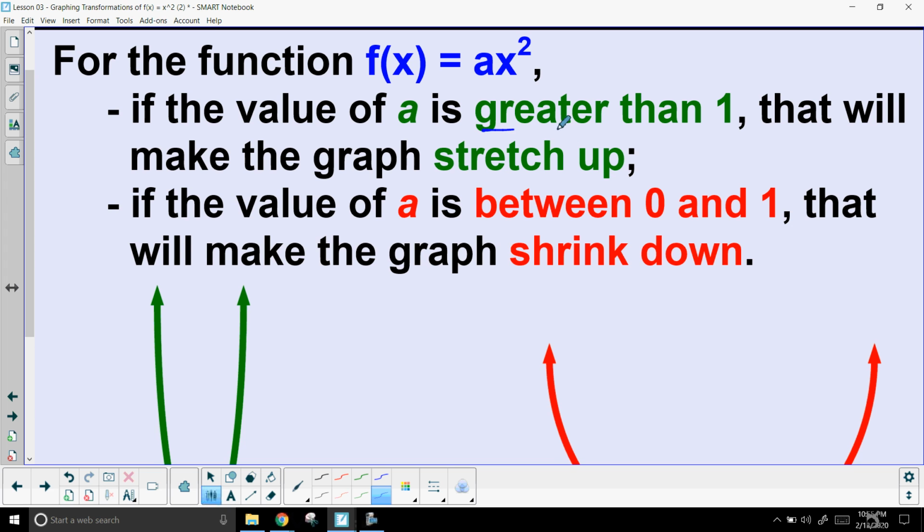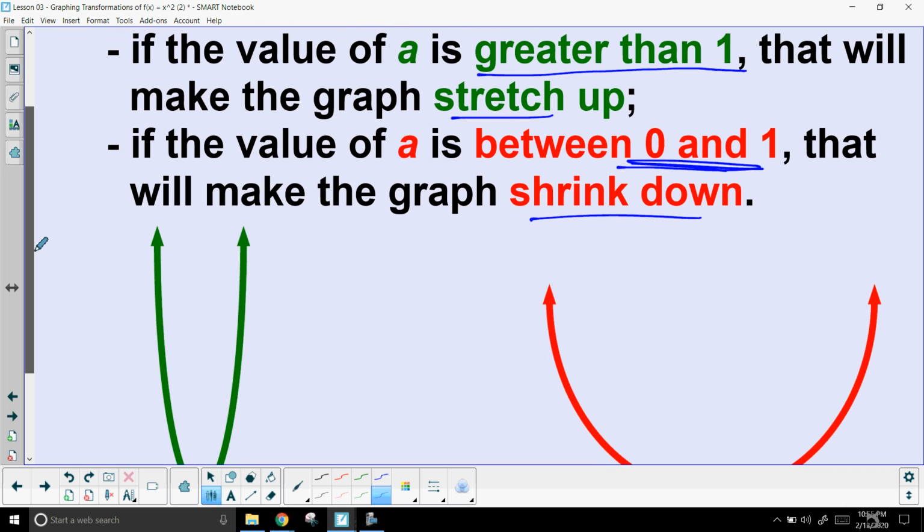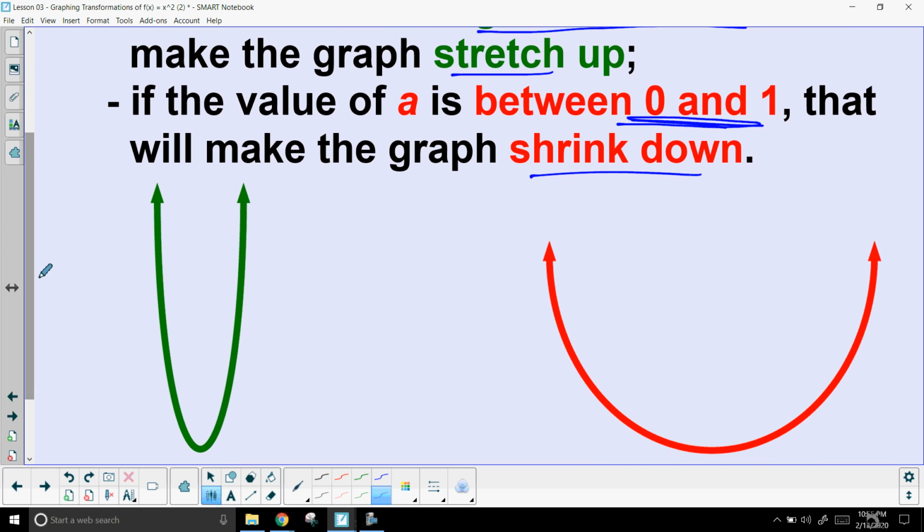If it's between 0 and 1, it's going to shrink down. Okay, so if you want to add some notes to some pictures here, again, pause the video as needed. This is a stretch, and that's because A is greater than 1. This over here is a shrink because A is between 0 and 1.